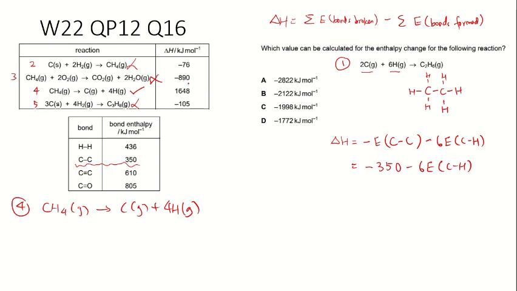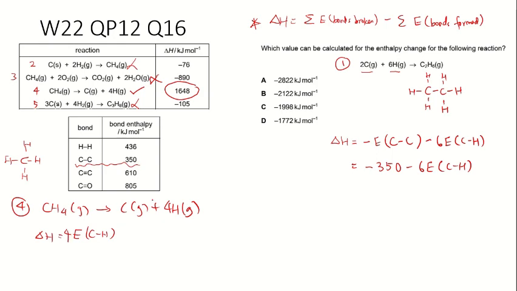Now, reaction 4 delta H is given, 1648. And to find this enthalpy change for reaction 4, it would be the breaking of 4 C-H bonds, because CH4, the structure will look like this. And use this formula again. So delta H for reaction 4 will be E(C-H), 4 of them.